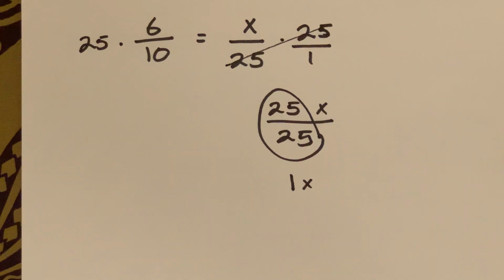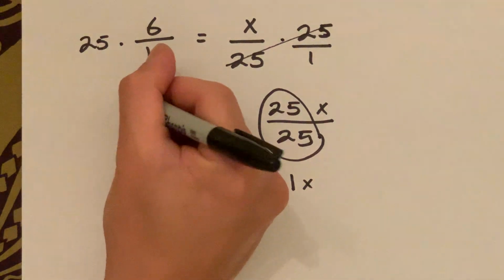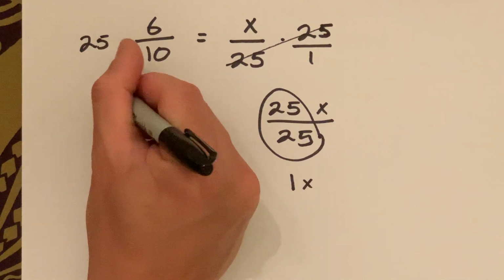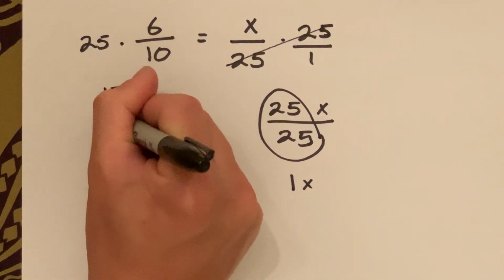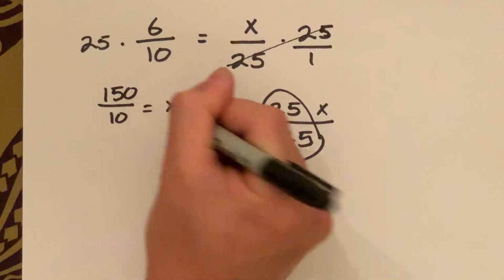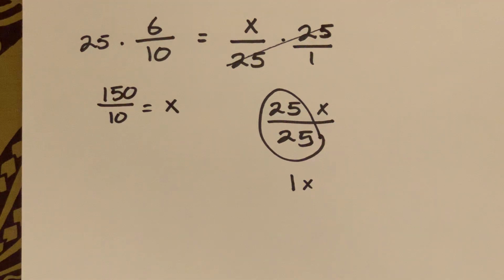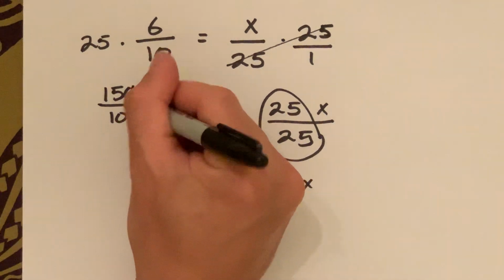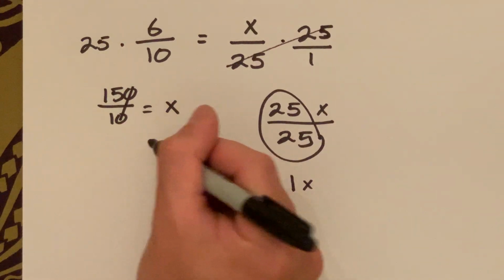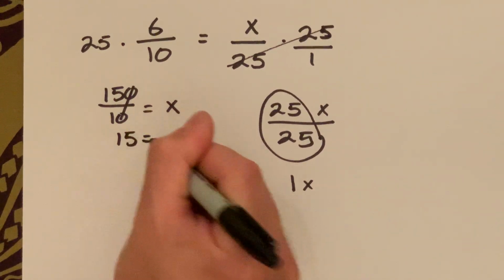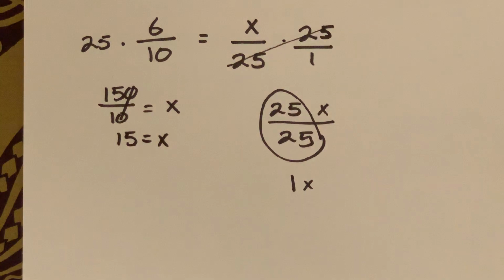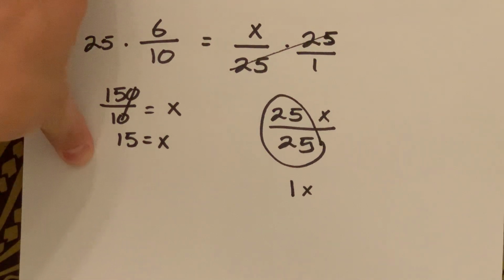Multiplying each side by 25, I'm going to end up with 150 over 10 is equal to x. Simplify, that's the division problem. 2 zeros cancel out. 150 divided by 10 is 15. X equals 15.